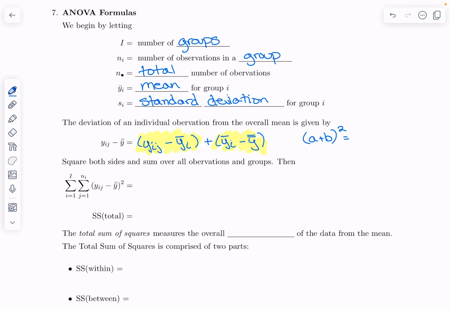Well, if you write it out as a product, you would get a squared plus b squared plus 2ab. Now, I'm sure you were thinking the 2ab would be in the middle because you're used to doing, say, a FOIL method where you do first, outer, inner, last. Okay, but I thought I would change that up a little bit and do what I call the FLIO method, which is first, last. That's the a squared plus the b squared, and then the inner and the outer add to 2ab.